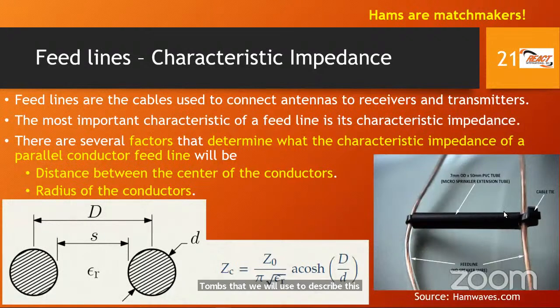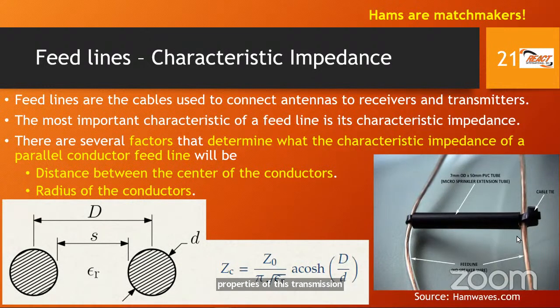But we need to be aware that all transmission lines carry what is called an impedance, or characteristic impedance. And for the purpose of the exam, you need to know that for this type of feed line, called parallel conductor line, the characteristic impedance is calculated by knowing two properties of this transmission line.